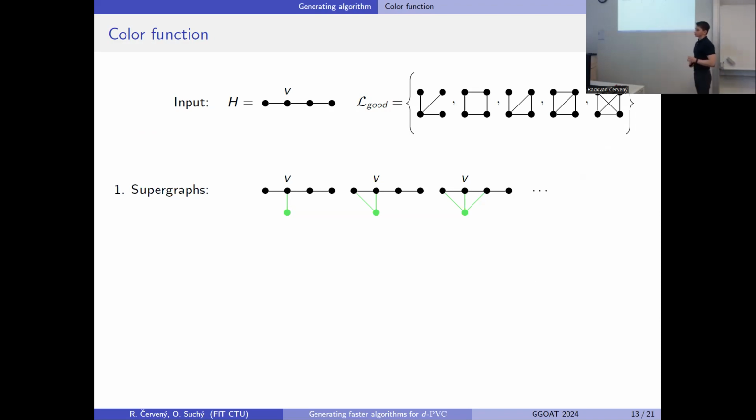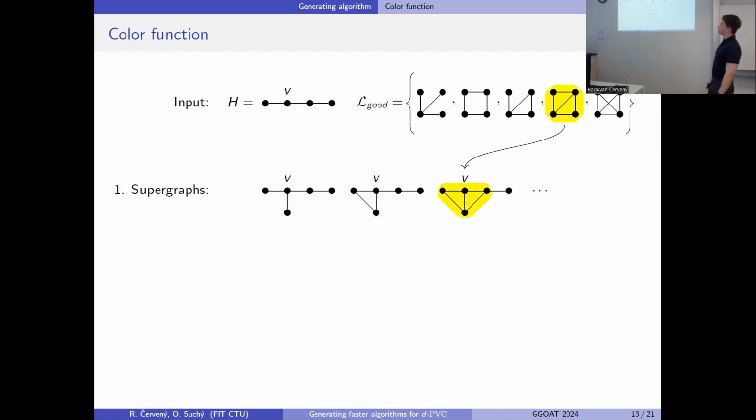So what we can do is take this graph and look at all expansions, all supergraphs, where the extra vertex is a neighbor of V. We generate these graphs where the extra vertex is a neighbor of V. And now we look at whether there are already good branching rules that can handle these structures.